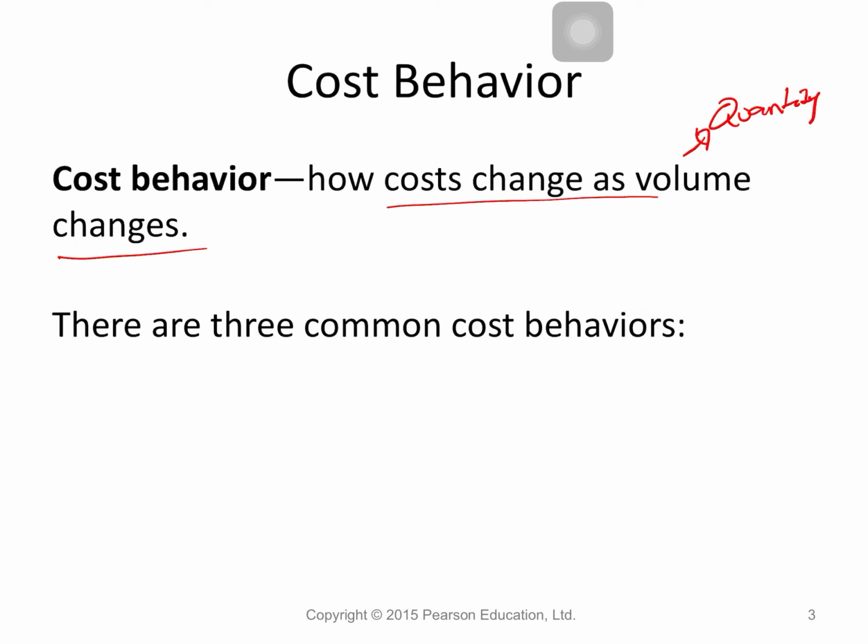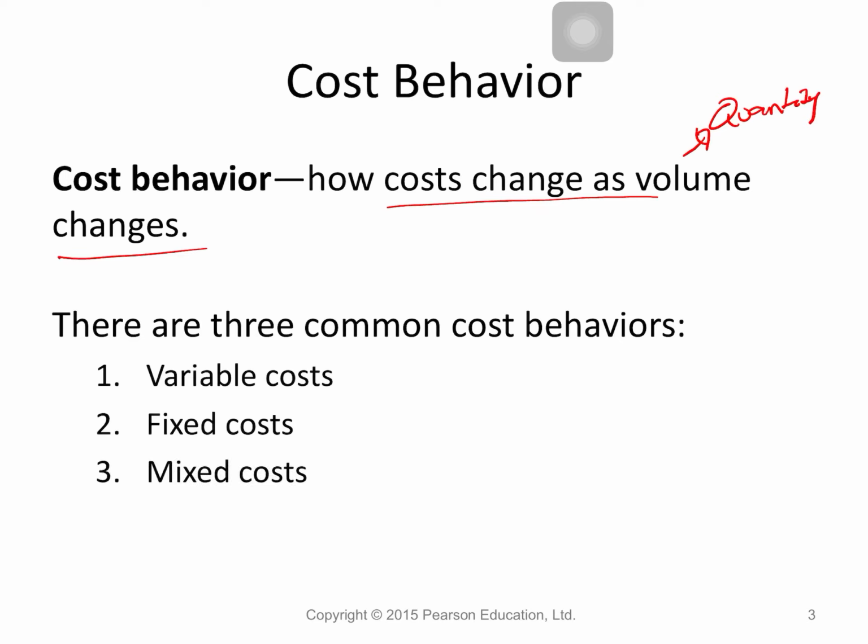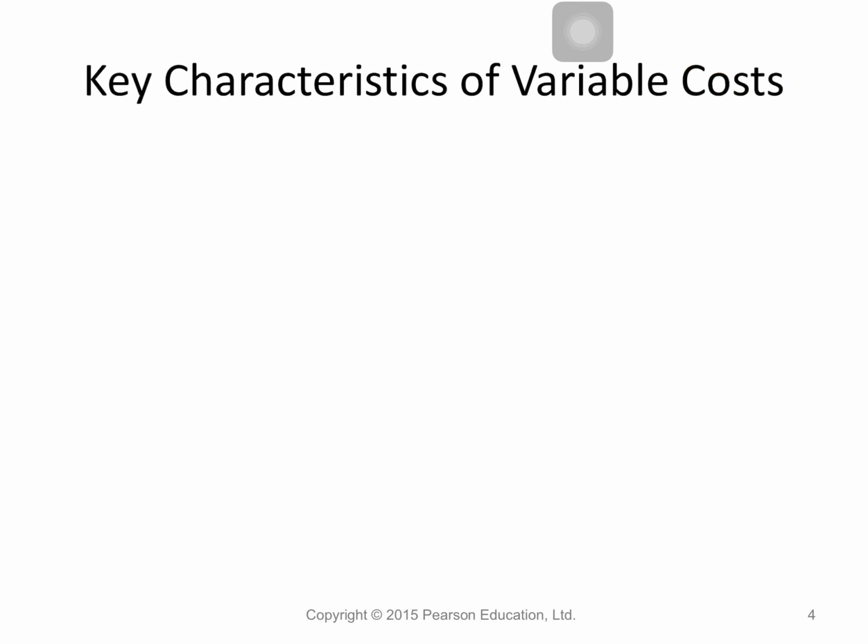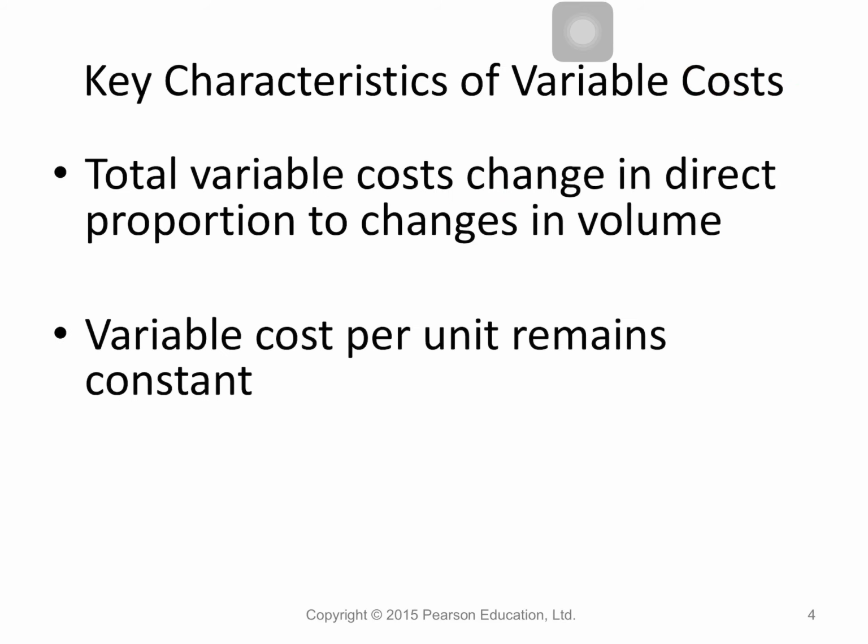There are three common cost behaviors: the first is variable cost, and then fixed cost and mixed cost. Here are the key characteristics of variable cost. Total variable cost changes in direct proportion to change in volume.